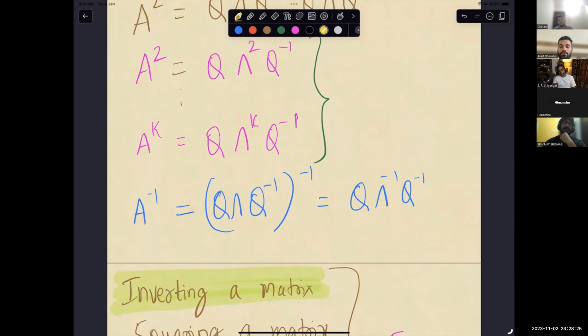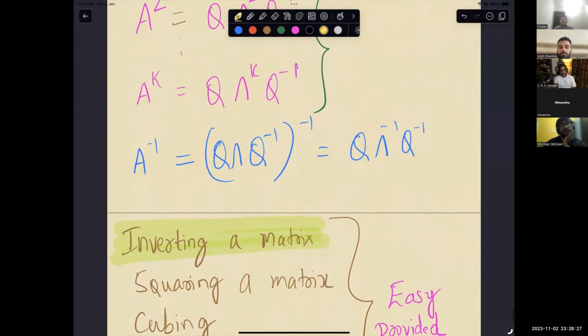So if I only take the inverse of my eigenvalues, I again get the result. I need not concern myself with anything else. Every change that's happening now is only happening in the eigenvalues, and that's giving me the result beautifully.